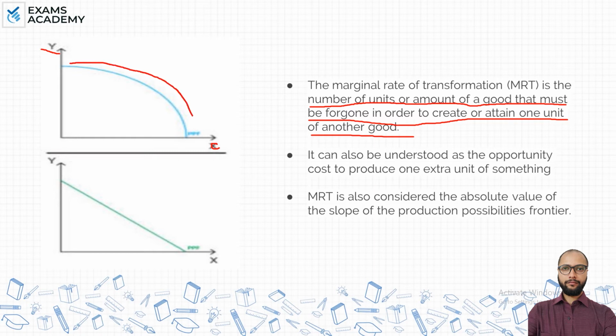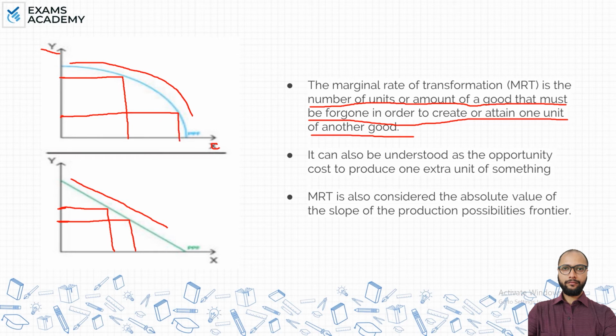As you can see, marginal rate of transformation is not constant on this curve, while in the second diagram it is a constant trade-off between X and Y. So if you produce this much of Y, then you can produce only this much of X. If you reduce the production of Y to this level, then you can produce more of X. While here, if you produce this much of Y, then you can produce this much of X. But if you produce this much of Y, then you can produce a lot of X.